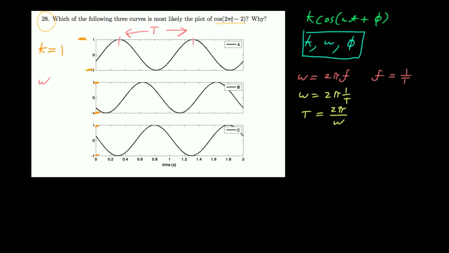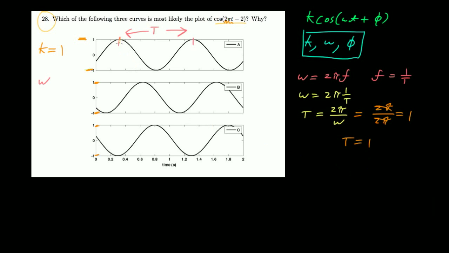Now the particular omega we have in this problem is 2 pi. If we substitute in 2 pi, 2 pi divided by 2 pi cancels. We are looking for something with a period of 1.